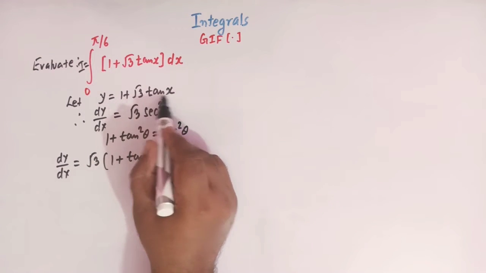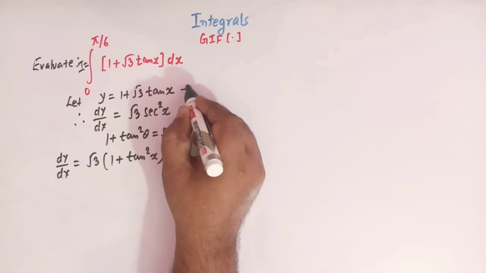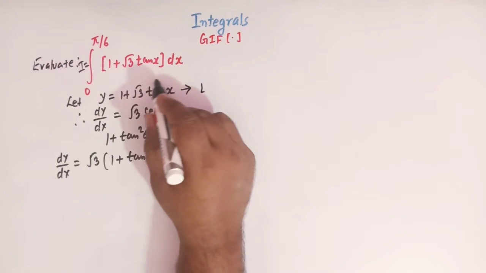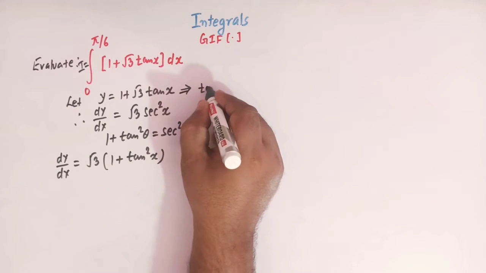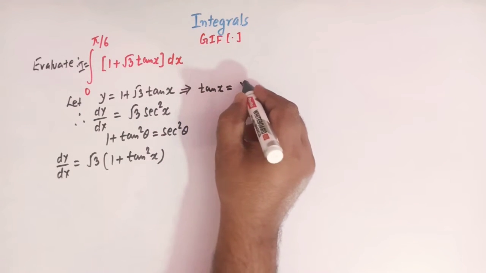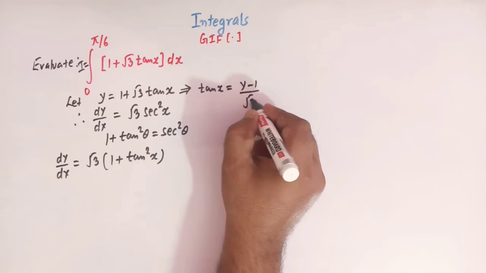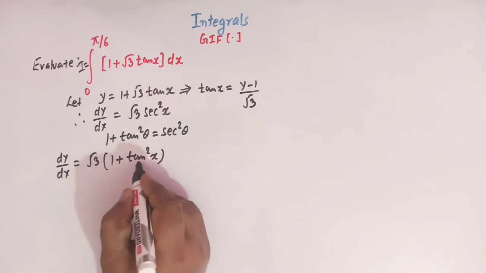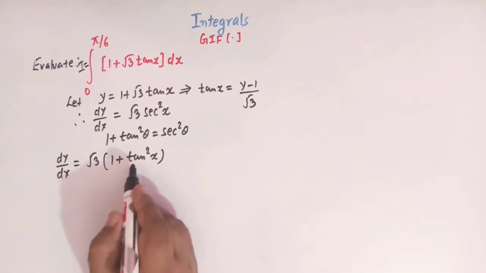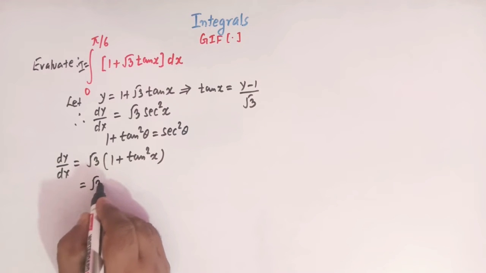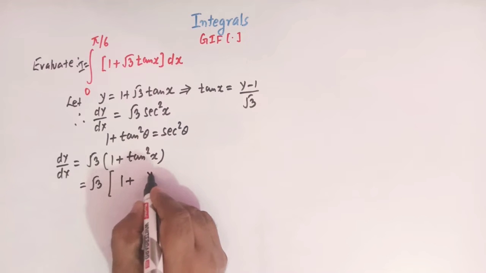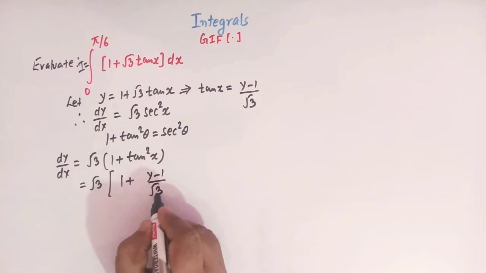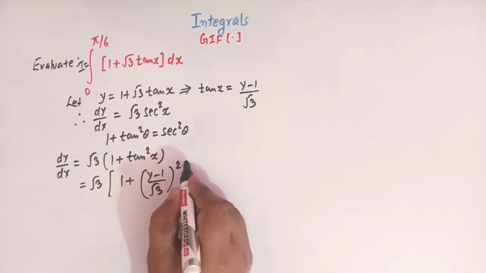And for tan x we can write the value of tan x in terms of y as tan x is equal to y minus 1 over square root of 3. We'll take this value over here. So we have root 3 times 1 plus y minus 1 over root 3 whole square.